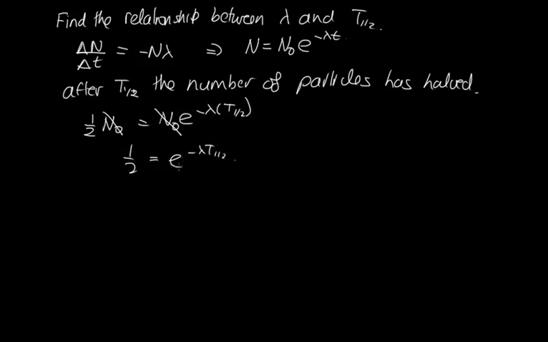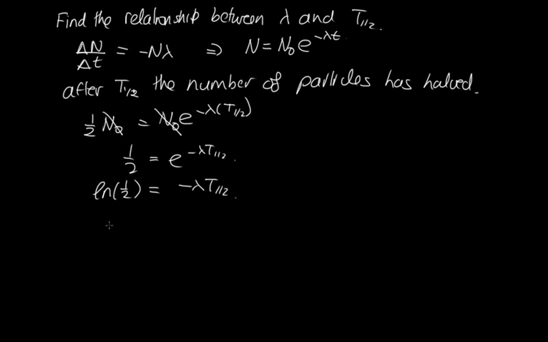And so now what we're going to want to do is to get rid of this exponent. So that's where logarithms come in. We're going to have to take the logarithm of each side. So we've got the natural log of a half is equal to minus lambda t 1/2. Because taking the natural log of this exponent here gets rid of the exponent.